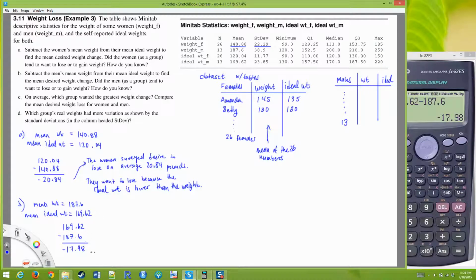Same thing: the men surveyed desire to lose, on average, 17.98 pounds. They want to lose weight because the ideal weight is lower than the current weight.